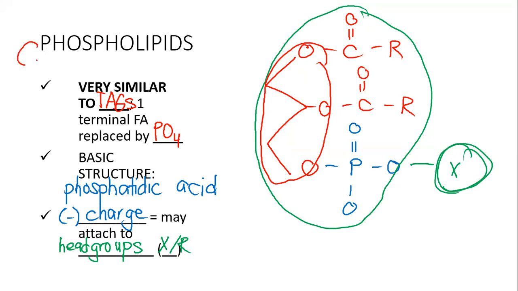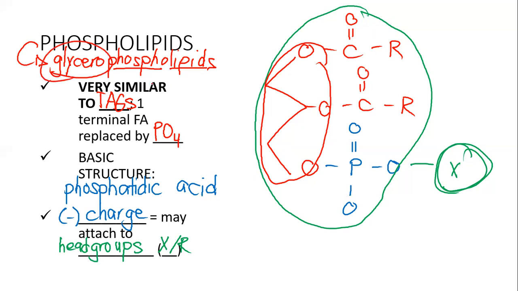Thus, it is the reason as to why phospholipids are also referred to as glycerophospholipids. Ito class yung reason kung bakit phospholipids are also known as glycerophospholipids. Because these are lipids together with phosphate bound to a glycerol backbone. Okay?